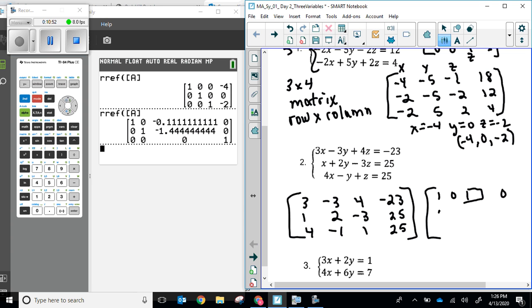I have 0, 1, another decimal, 0, and I have 0, 0, 0, 1. So remember, this is X and this is Y and this is Z. So right here on this lower line, you remember from yesterday, this is telling you that 0 equals 1. And that is a false statement. So there is no solution.